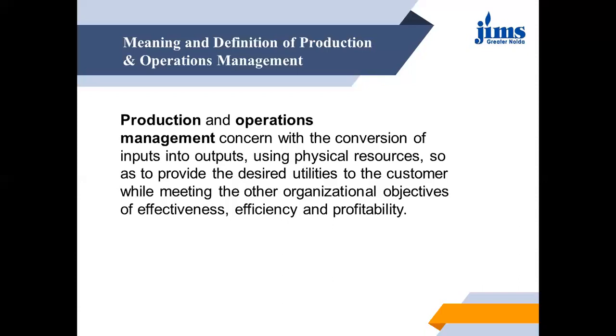That means the comfort level, the aesthetics and beauty, the color, the combinations of upholstery used inside the car, etc. While if I talk about efficiency, I will talk about the fuel efficiency, or how many kilometers I can travel with a particular car with a certain quantity of petrol or diesel or fuel. So effectiveness, efficiency, and profitability are real objectives of any organization.